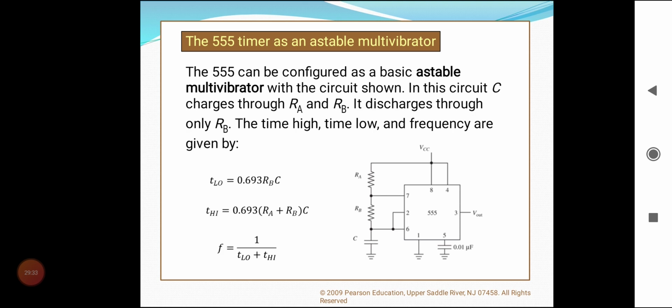The time low is 0.693 RB C, and the time high, the charging time, is 0.693 (RA plus RB) C. The frequency is equivalent to 1 divided by (T low plus T high).